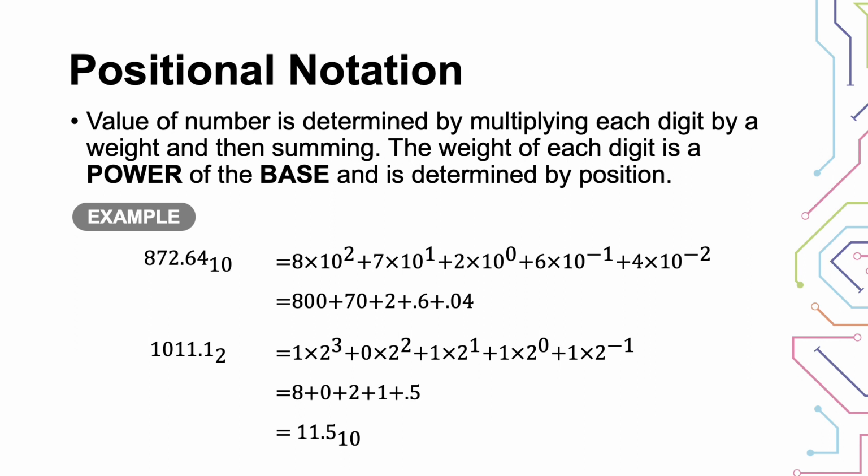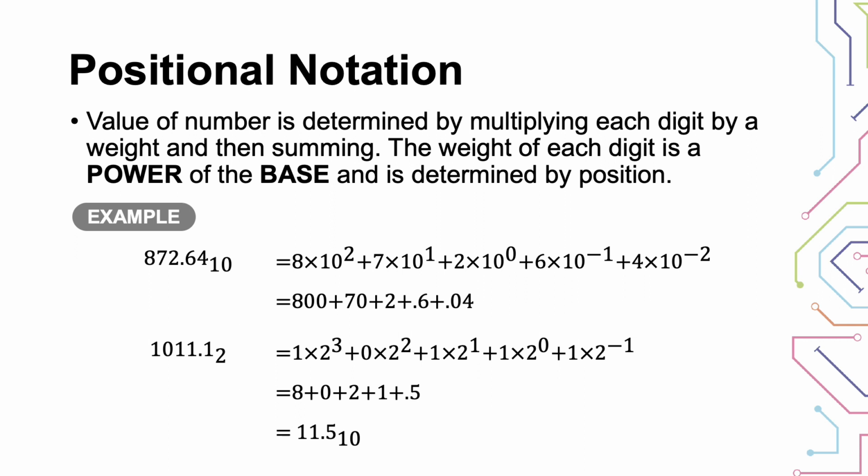Another important concept that we will encounter in number systems is the positional notation. This is most especially used when we convert any base number to its decimal equivalent. Positional notation is the value of each digit multiplied by a weight and then summing them.